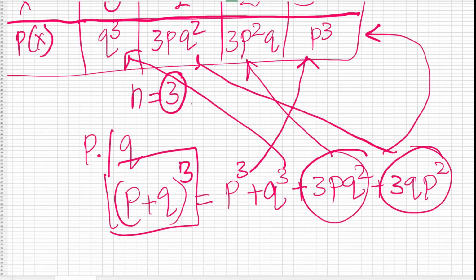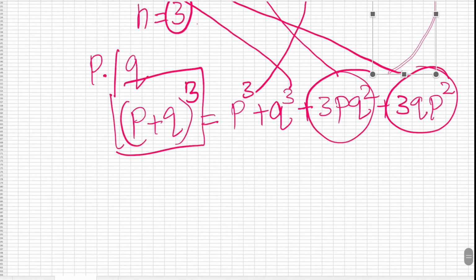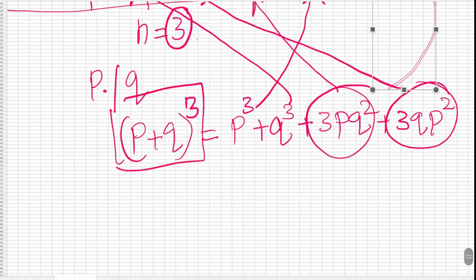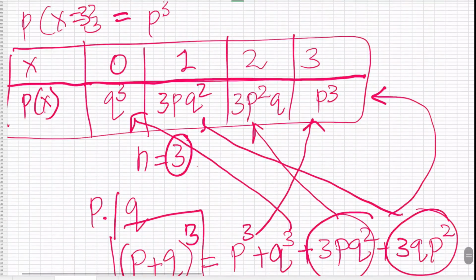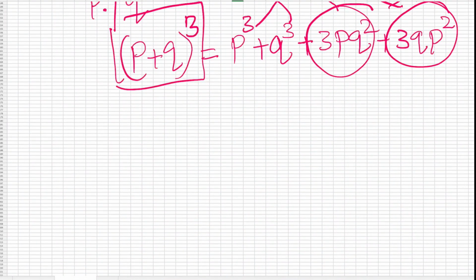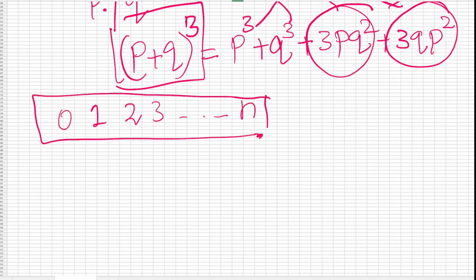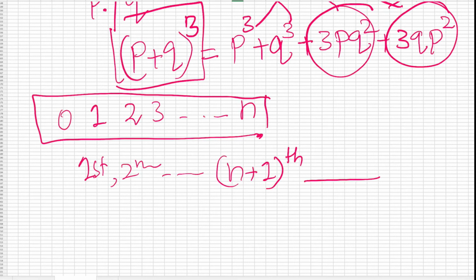So this random experiment and its outcome in the form of probability of failure and success follows a specific formula. If we have an experiment, the probabilities of 0, 1, 2, 3, or n successes can be obtained as the first, second, and (n plus 1)th terms in the expansion of (p plus q) raised to the power n.